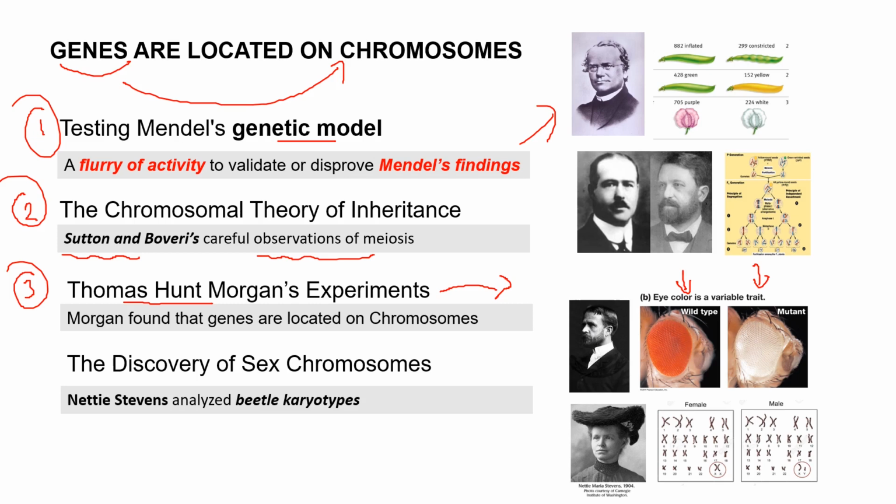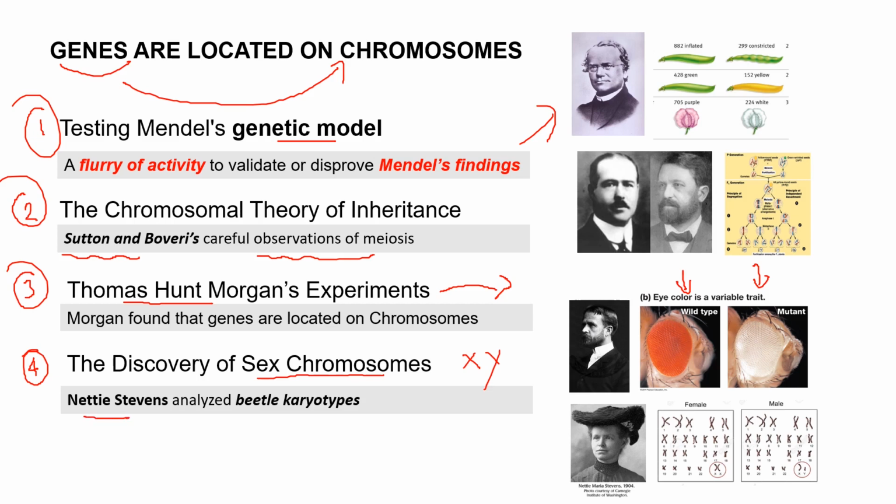Finally, at the end, I will talk about another piece of information that was fundamental for Thomas Morgan to understand that genes were located on chromosomes, and that was the discovery of the sex chromosomes. If you remember, there are X and Y chromosomes.